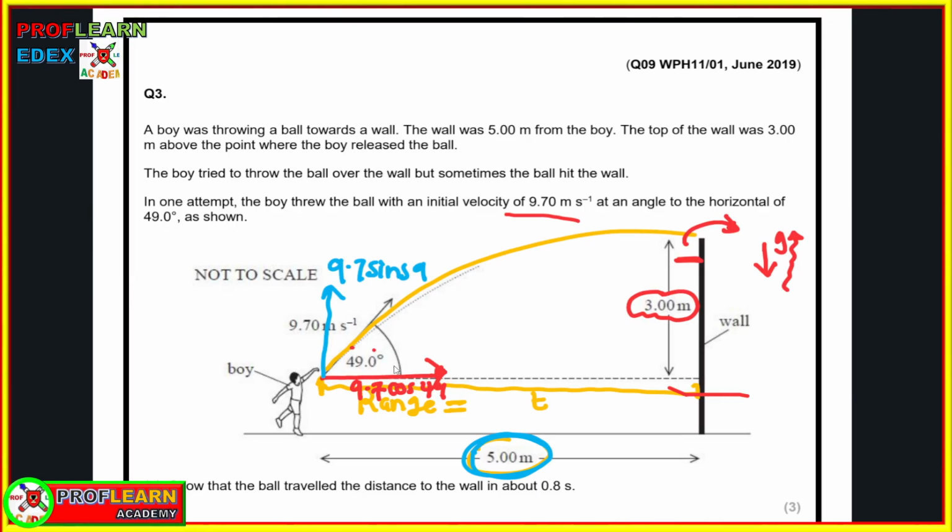This is the angle, so we can state that the vertical component is 9.7 sine 49, and the horizontal component is 9.7 cos 49.